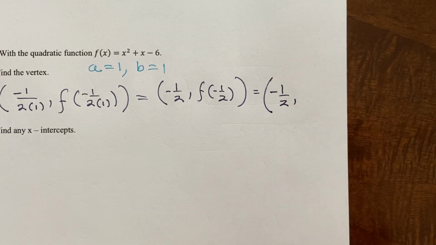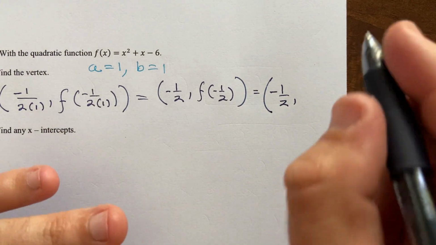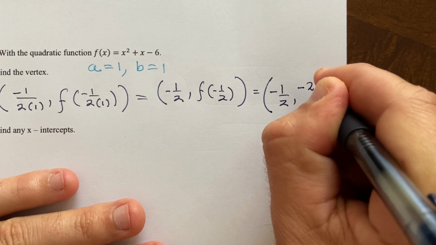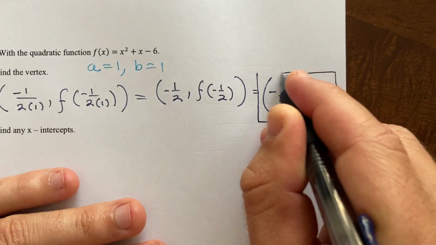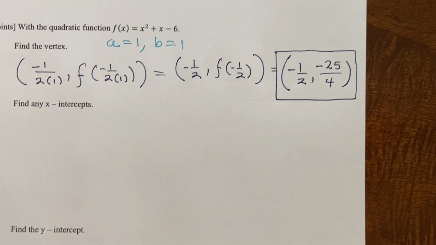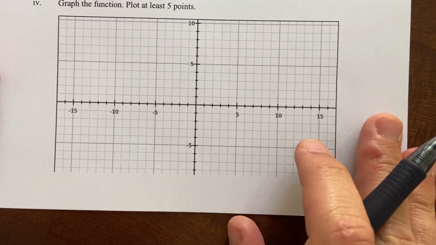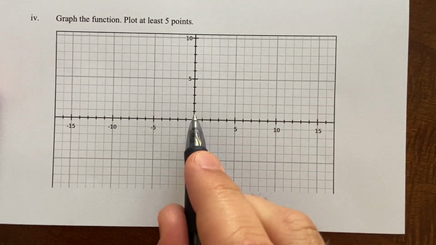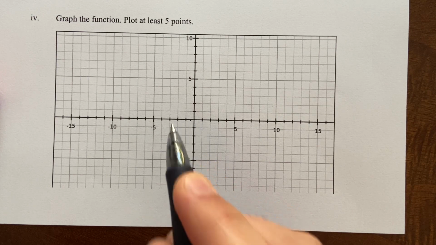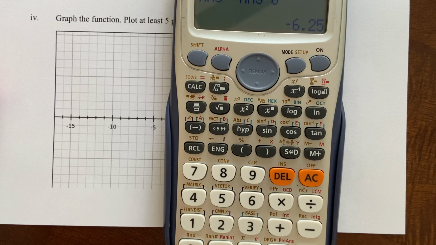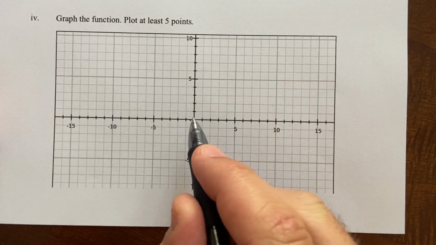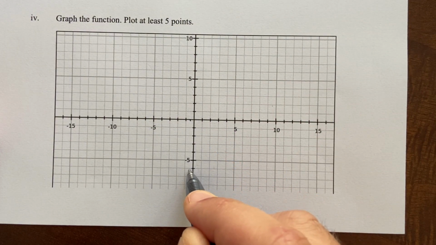It's negative 1/2, comma, negative 25/4. So just do your best when it comes to plotting that. So negative 1/2 right here, negative 25/4, about negative 6.25. So here's negative 1/2, negative 6.25, right about there.